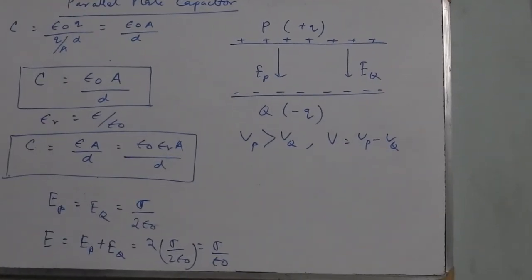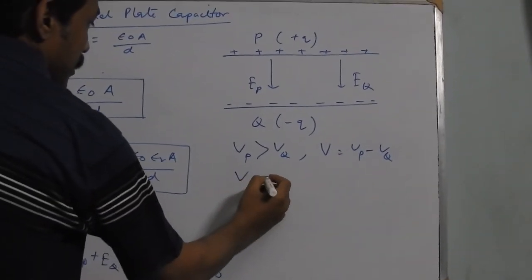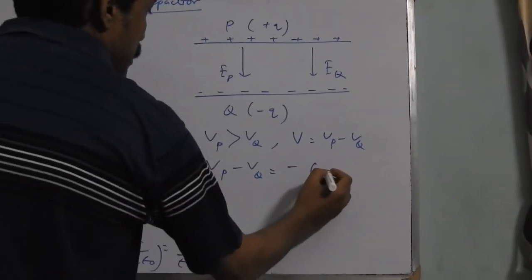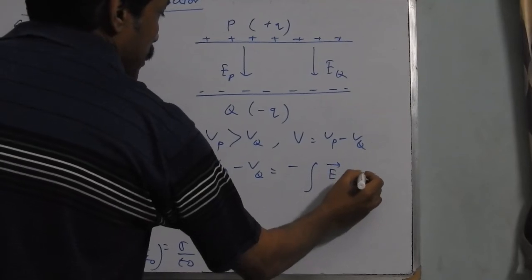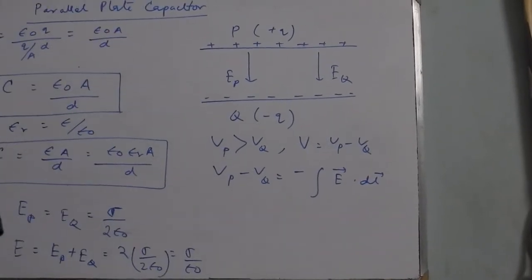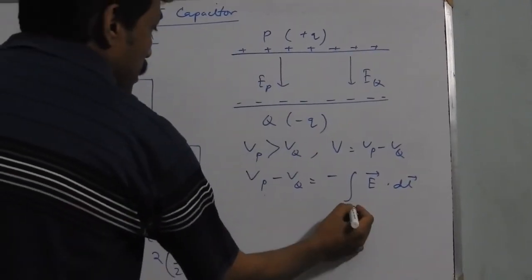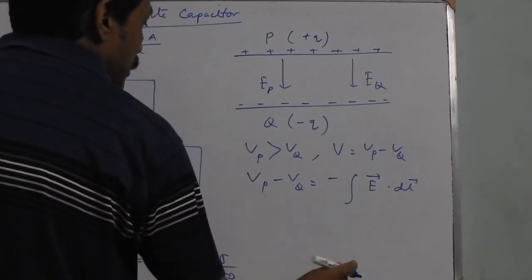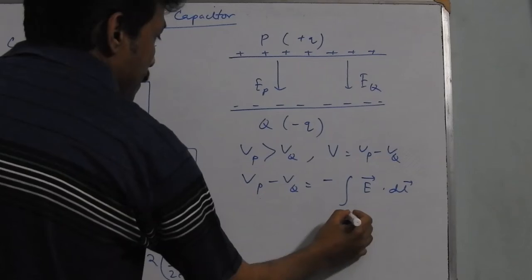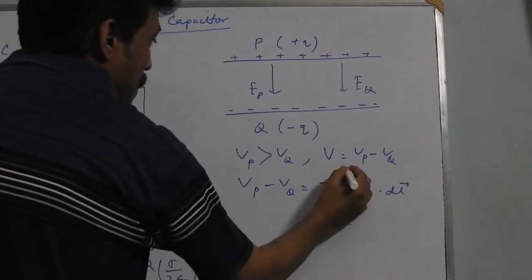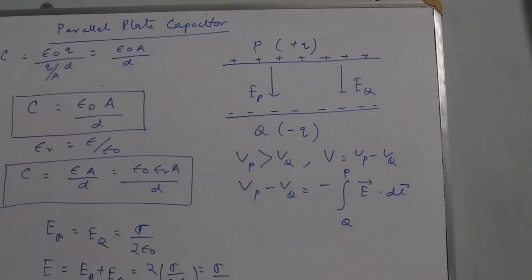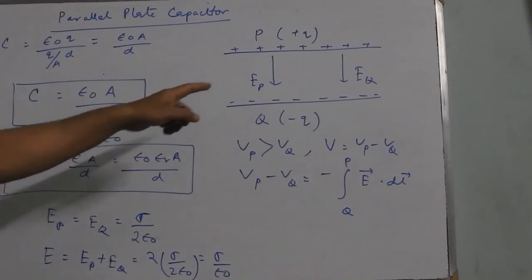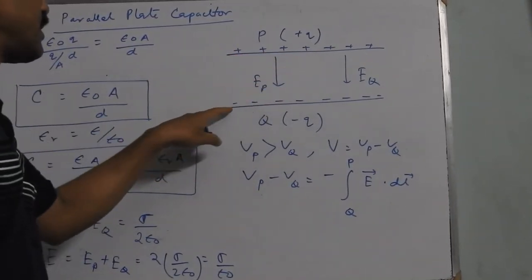By the definition of the line integral of electric field, we can write Vp minus Vq is minus integration of E vector dot dl vector taken from the plate P to the plate Q. Now, the line integral has to be performed along a path connecting the positive plate and the negative plate.